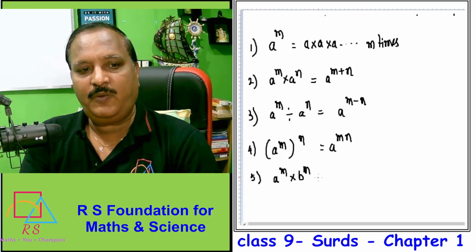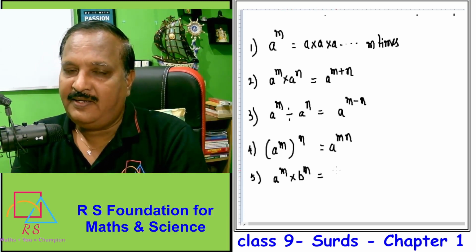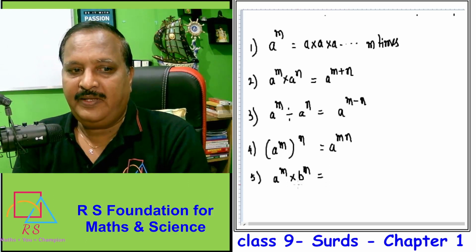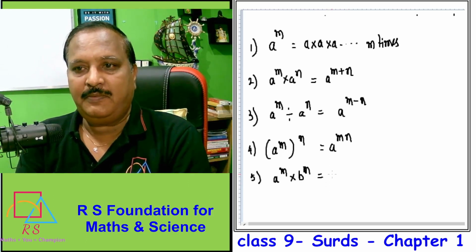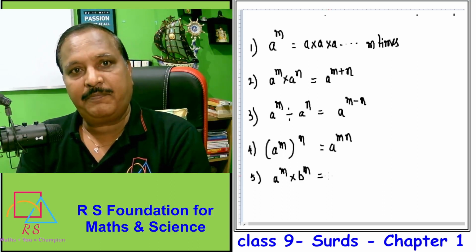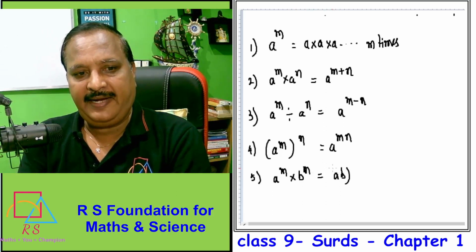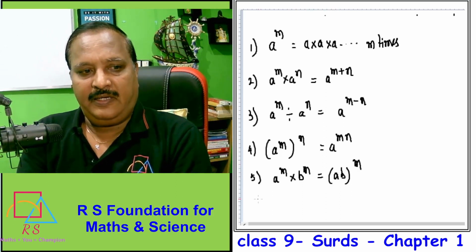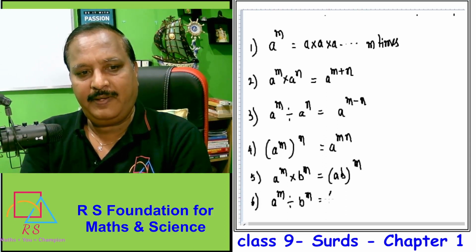Next, a to the power of m into b to the power of m. We are only multiplying and dividing these exponential forms, not adding. In formula number 5, the powers are equal, m and m, so the bases can be multiplied. In the same way, a to the power of m divided by b to the power of m, the bases can be divided.